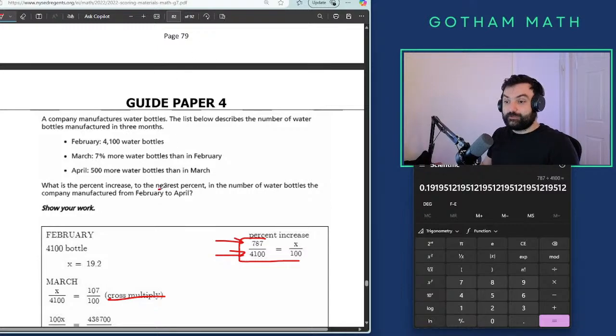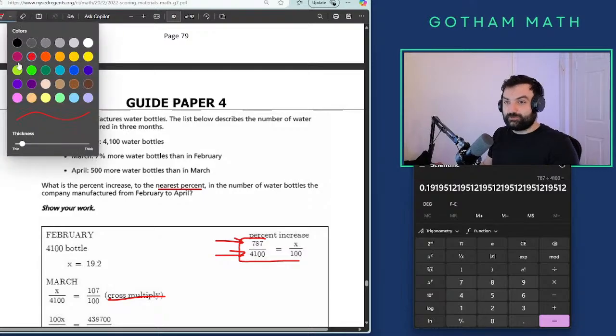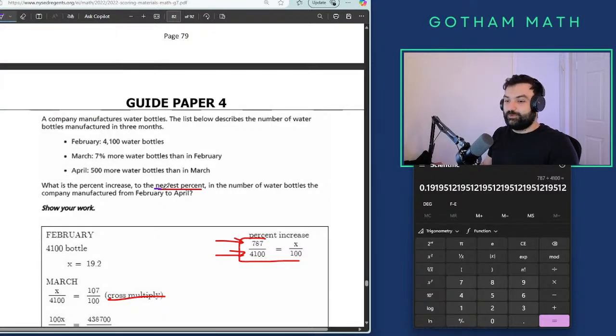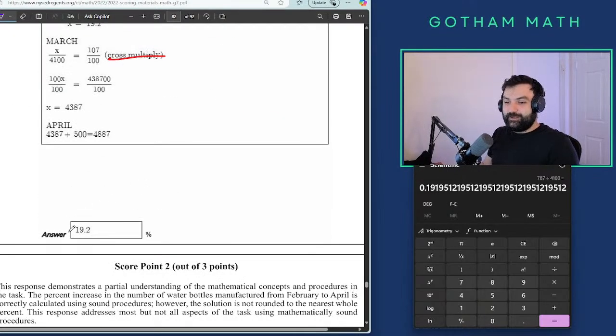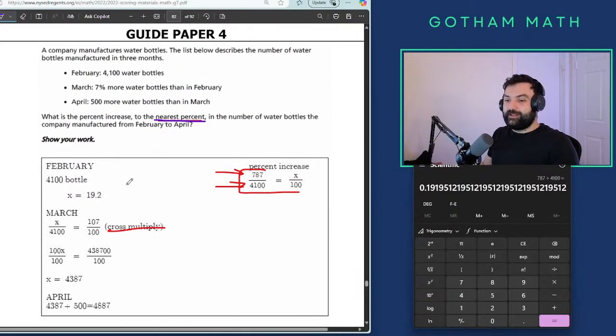To the nearest percent. And this is not to the nearest percent, and that's how they got you. That's how they got you.